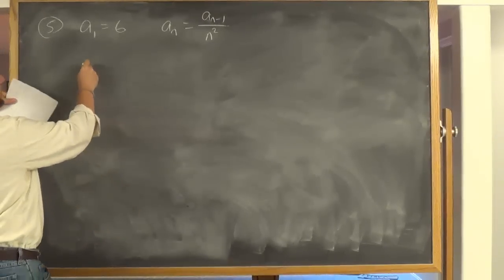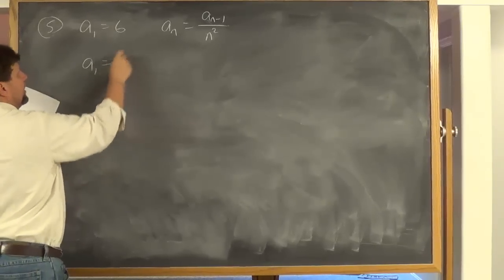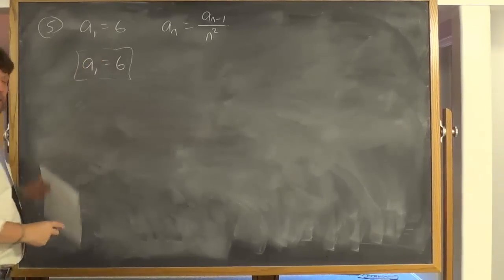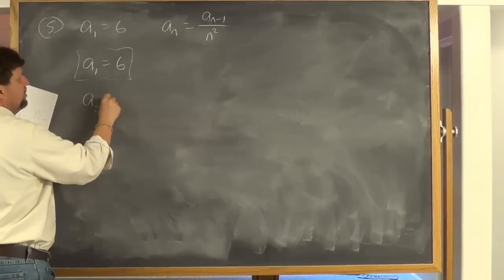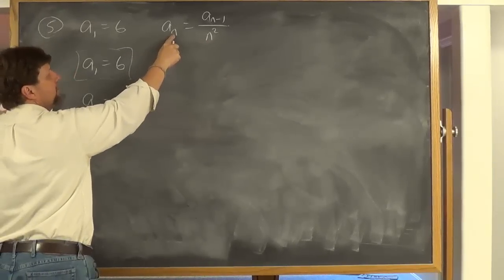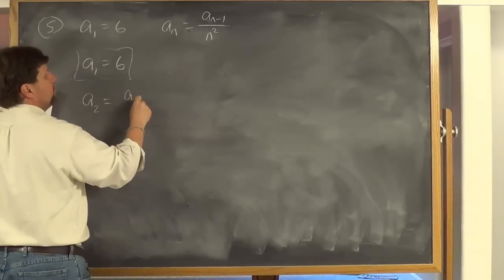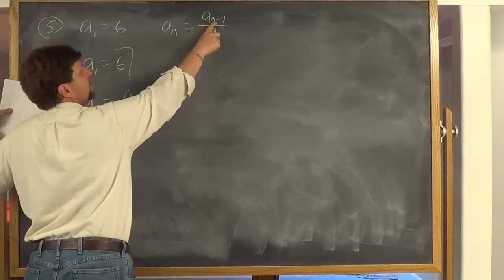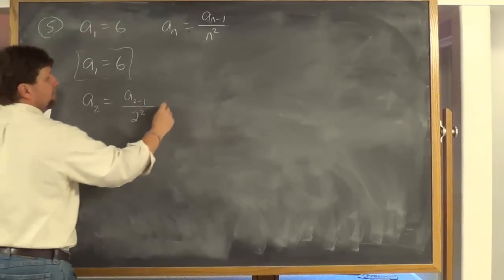So here's how I do this problem. I'm supposed to list the first 4 terms. All right, there's the first term. A sub 1 is equal to 6. That was given, that's easy. A sub 2, now I follow this formula. So a sub 2 should equal a sub 2 minus 1 over 2 squared.